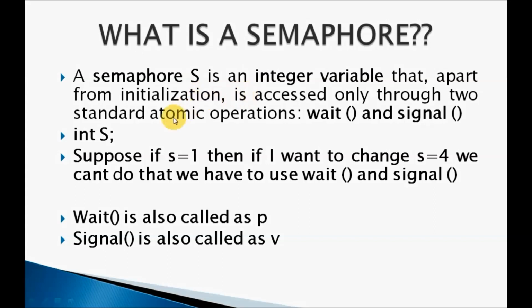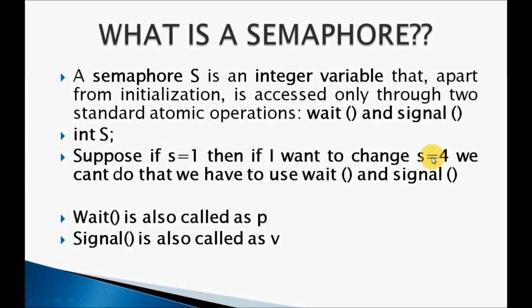So for example, see here, assume that the value is 1 for the SEMAPHORE here, right? And if you want to change the value of the SEMAPHORE from 1 to 0, you can't do it directly.